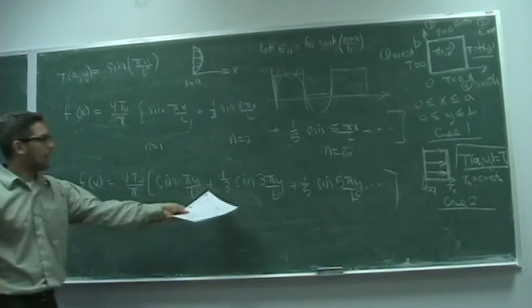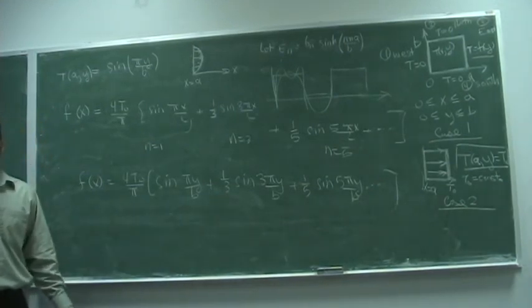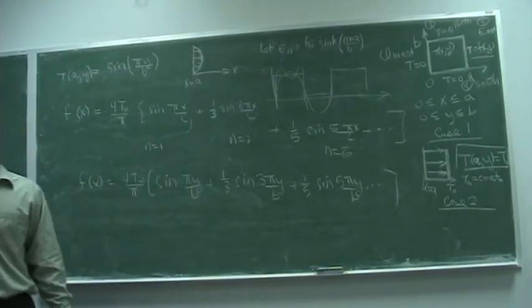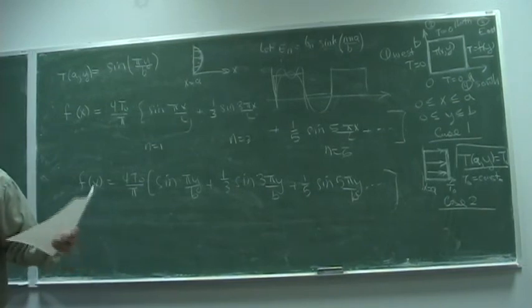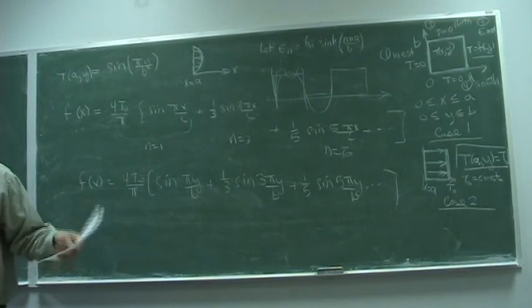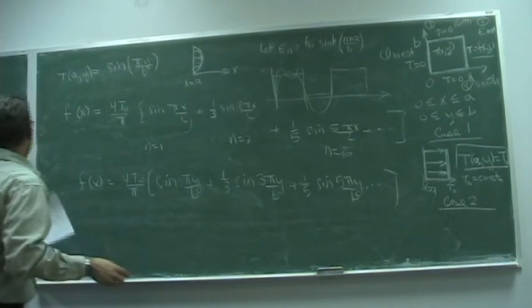And why do we have just the odd terms? Remember, only for the odd terms did our solution exist. For the even terms, it was 0, correct? That's why they're missing.